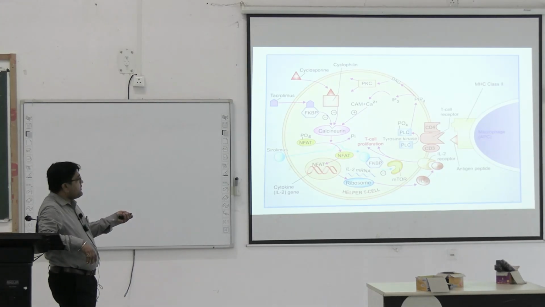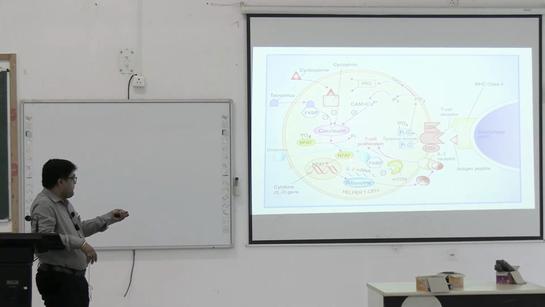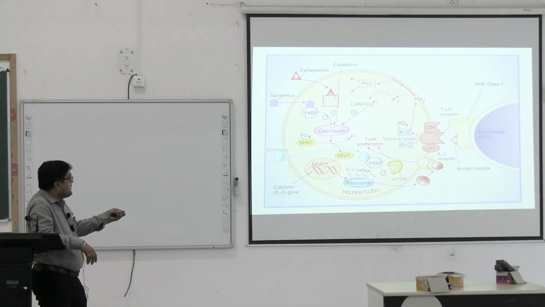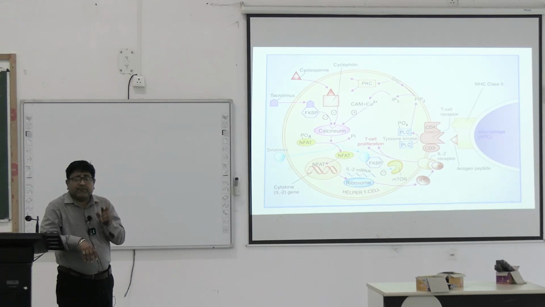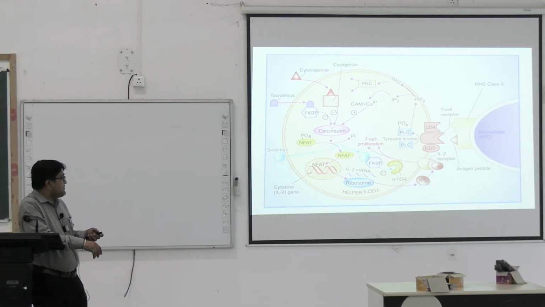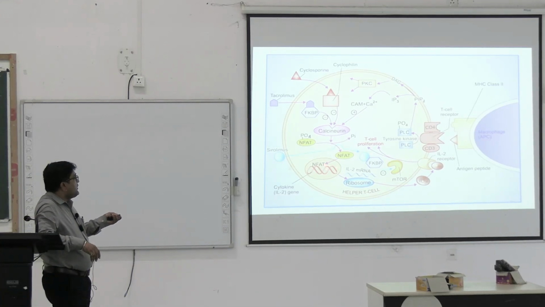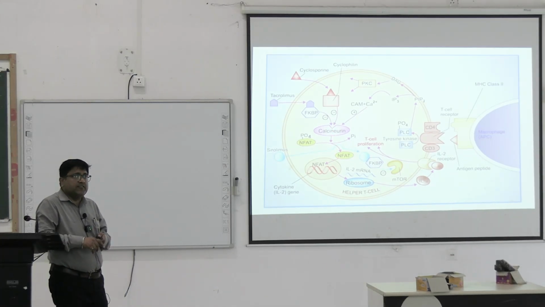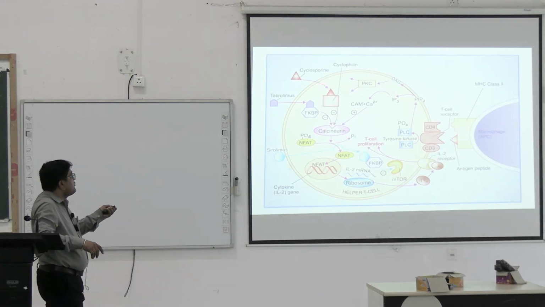This NFAT protein, nuclear factor of activated T cells, basically translocates to the nucleus and results in the transcription of various cytokine genes. Now, because of the inhibition of calcineurin, subsequent steps of T cell activation are inhibited, and thus they are showing immunosuppression effect.